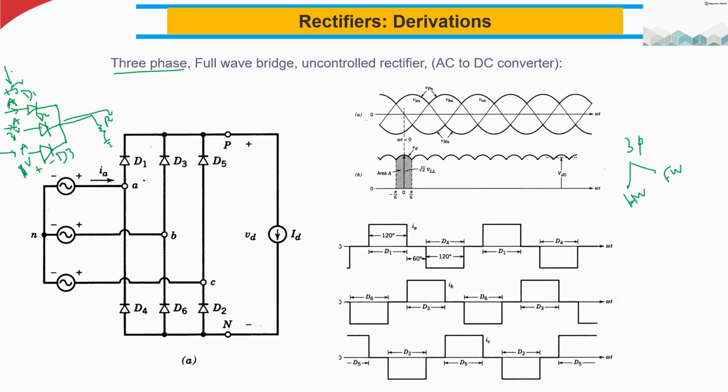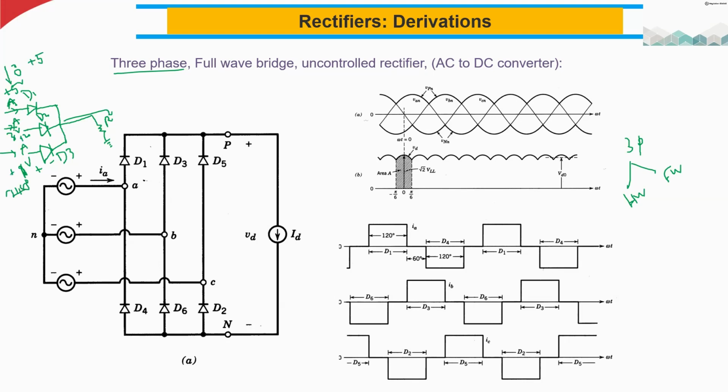Or I apply this one with a 0-degree phase angle, the second voltage with a 120-degree phase angle, and the third with a 240-degree phase angle. Then still I apply the same voltage. Let us say 0 degree with plus 5 volt, 120 degree plus 5 volt, and 240 degree plus 5 volt.